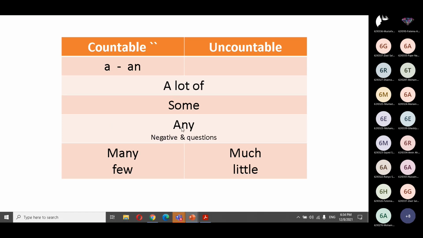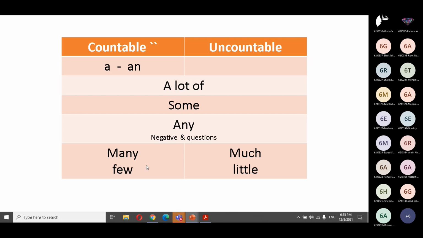We use any with negative and questions. So these three are safe. الثلاثة دول أمان. A lot of, some, any. You can use with countable or we can use with uncountable.